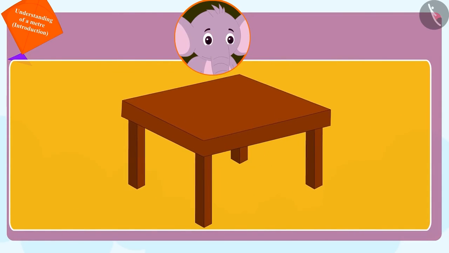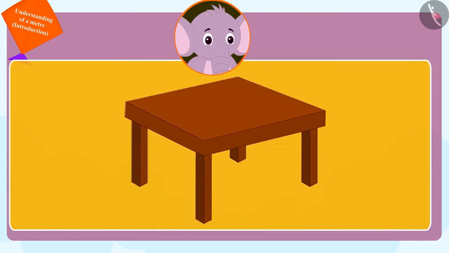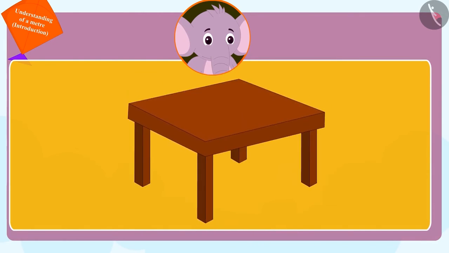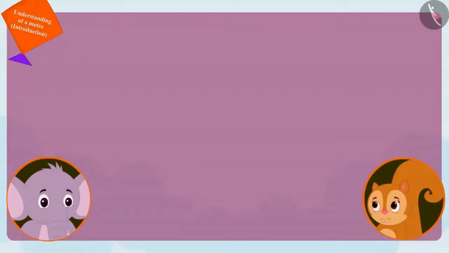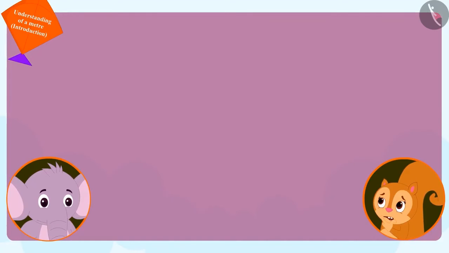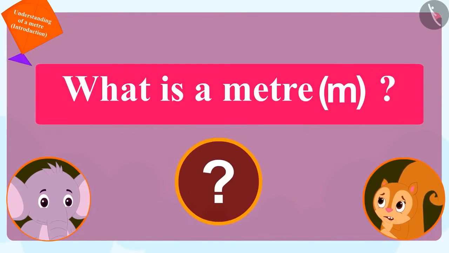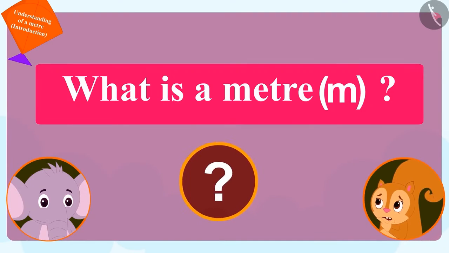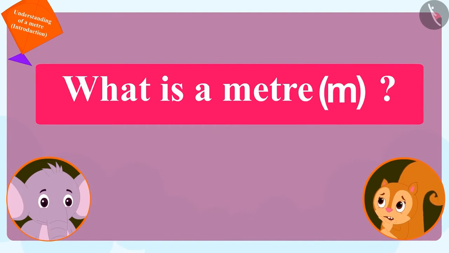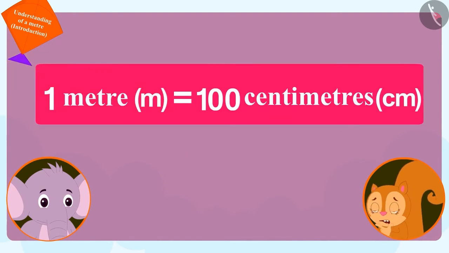But to measure the length of large objects, she has to use a meter. Chanda immediately asked Appu, "What is this meter?" Appu then explained to her that 1 meter is equal to 100 centimeters.